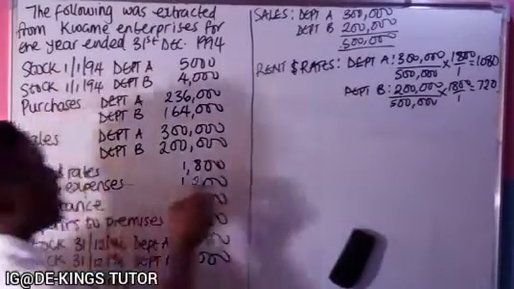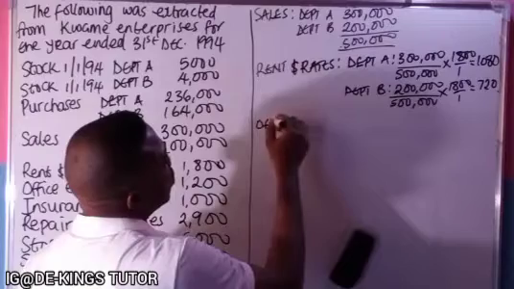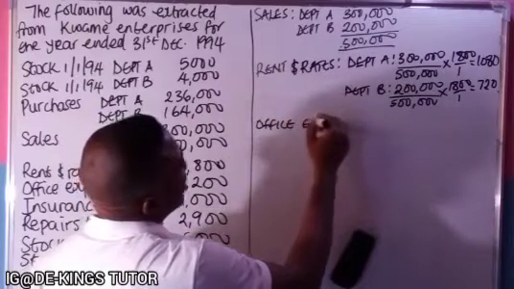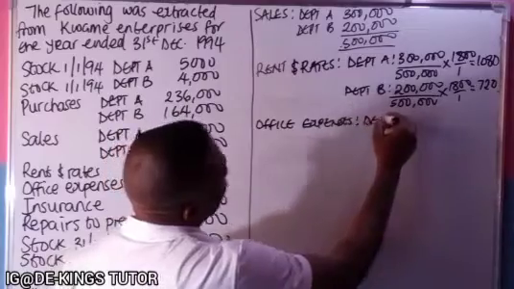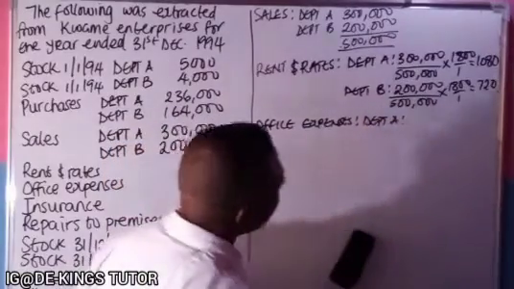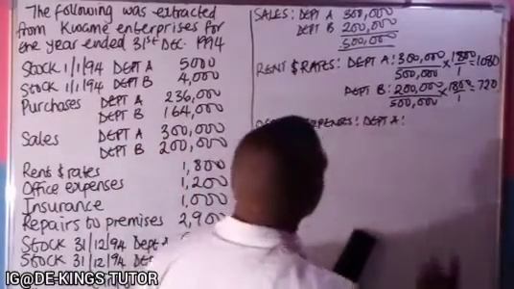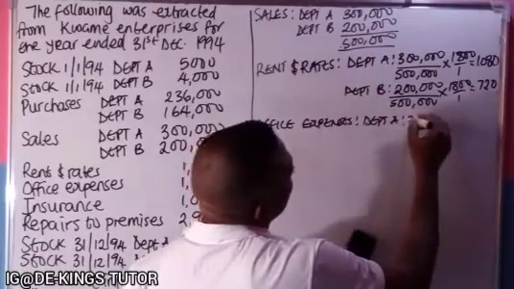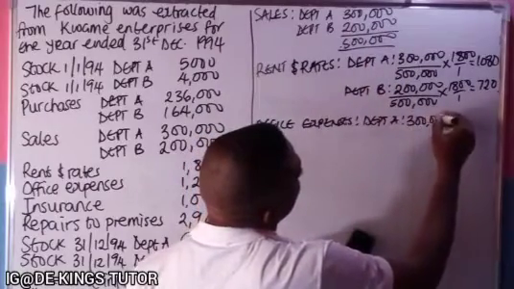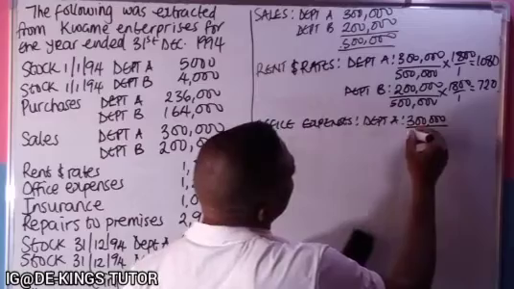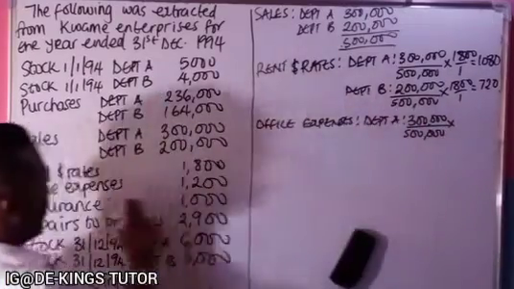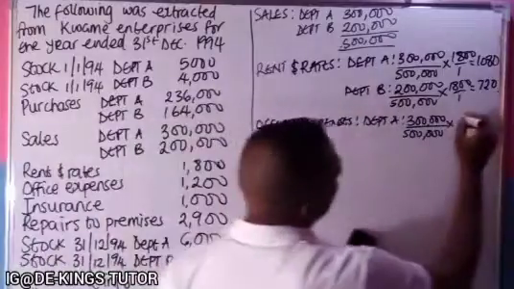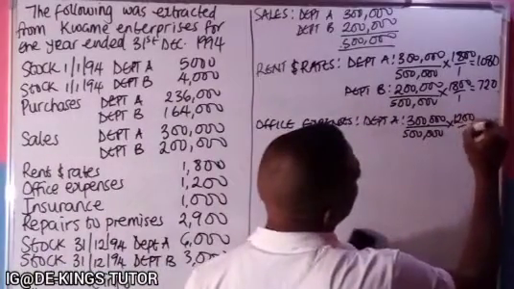The next one is office expenses. Department A will be 300,000 over 500,000 times office expenses, 1,200 over 1.